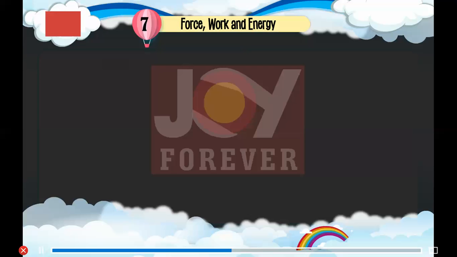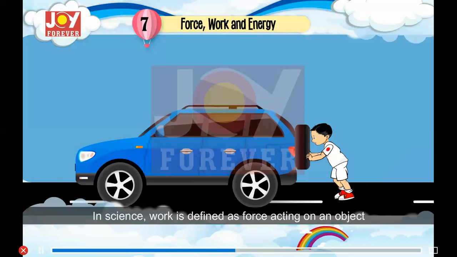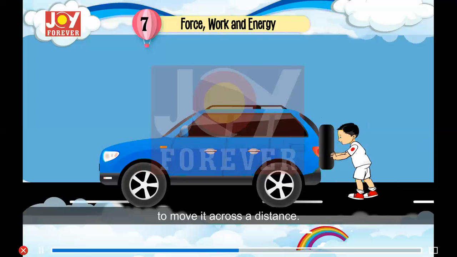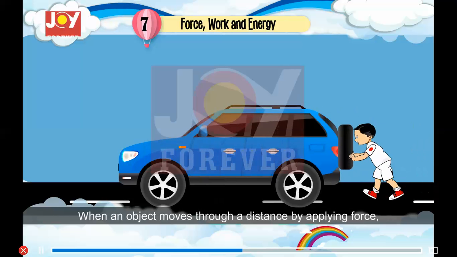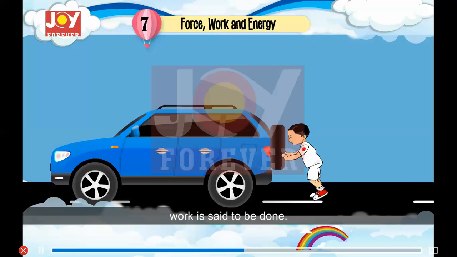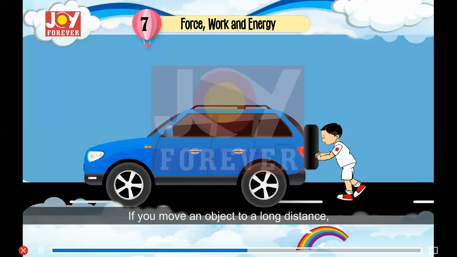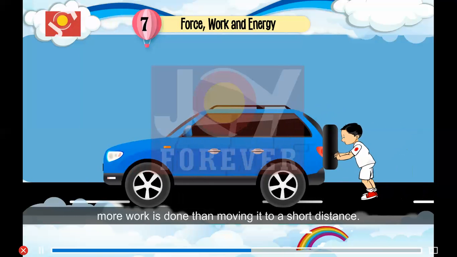Work. In science, work is defined as force acting on an object to move it across a distance. When an object moves through a distance by applying force, work is said to be done. If you move an object to a long distance, more work is done than moving it to a short distance.